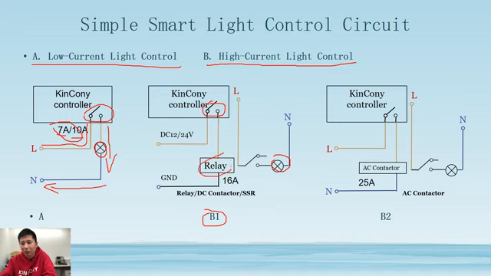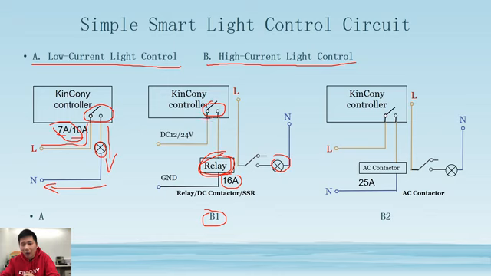If you choose a 16 ampere external relay, your lamp current can be up to 16 ampere. If you have a very big lamp, maybe 20 ampere or 30 ampere, you just need to replace this external relay and choose a suitable value for your lamp.